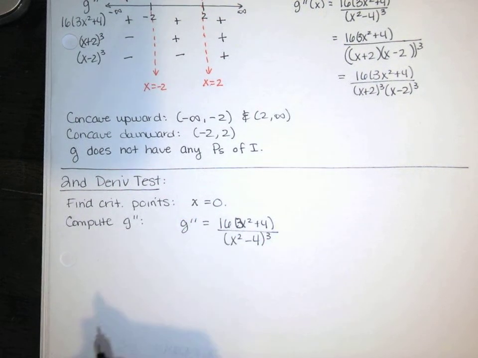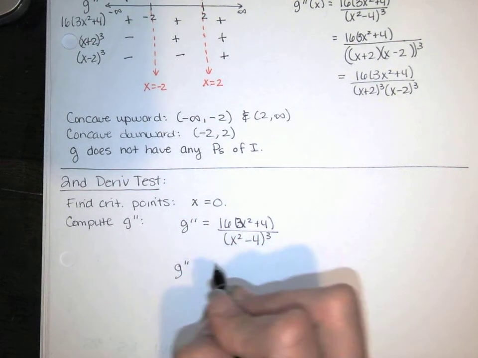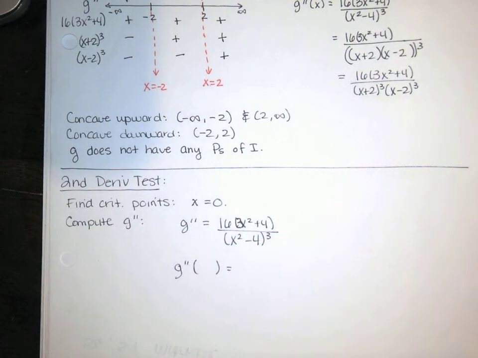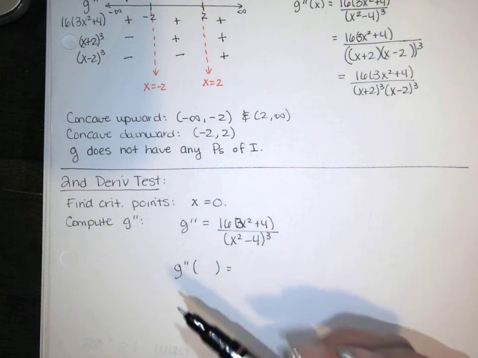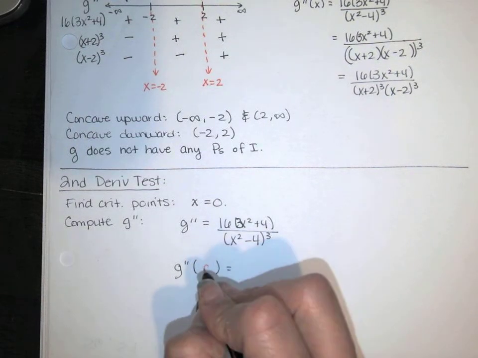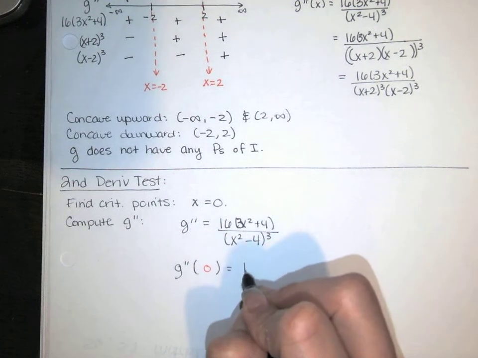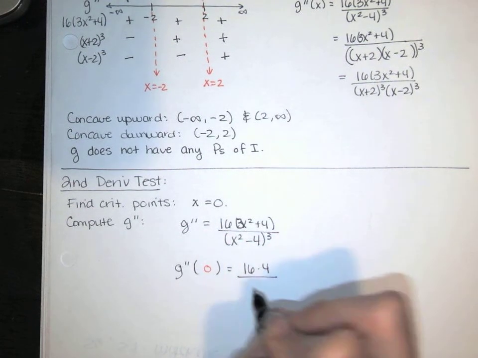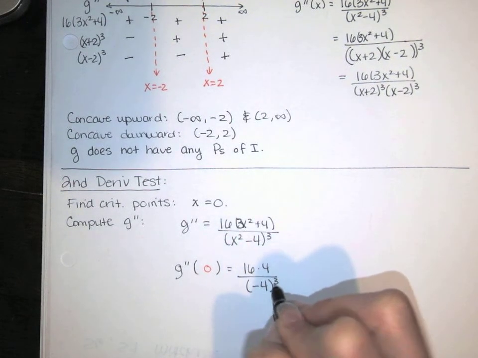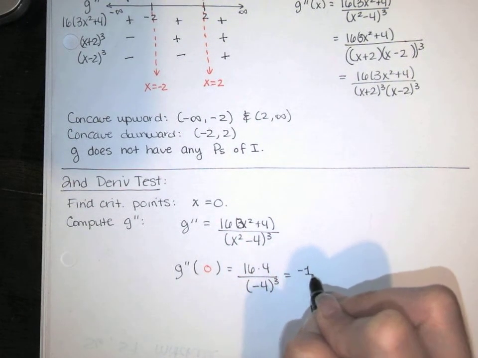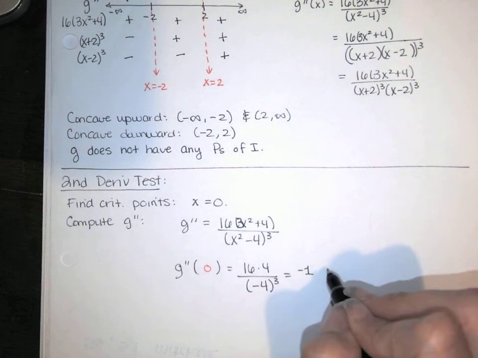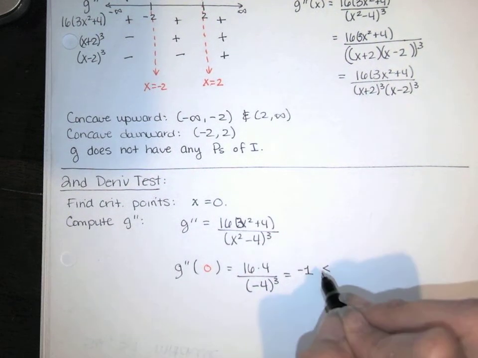So critical points are where the slope is 0, or potentially where the slope is undefined, but for the second derivative test, the slope is always 0 because you're able to take the second derivative. You replace x with 0 and you get 16 times 4 in the numerator over negative 4 cubed in the denominator. So that's negative 1. So the second derivative is negative.